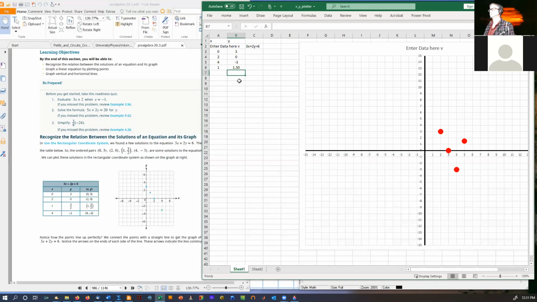What have I done wrong? 1 and 3/2. Help me out here. What have I done wrong?